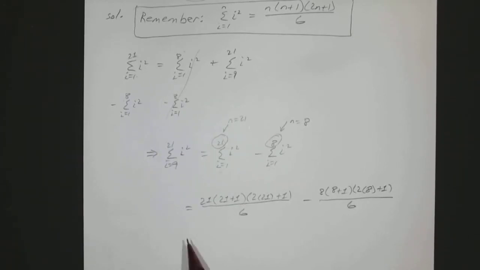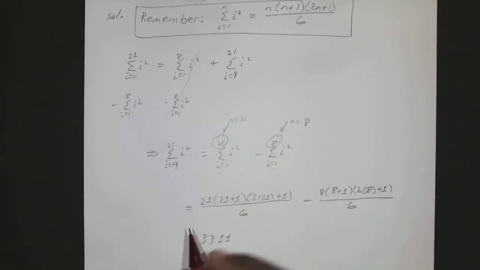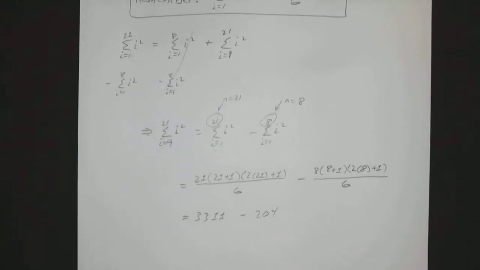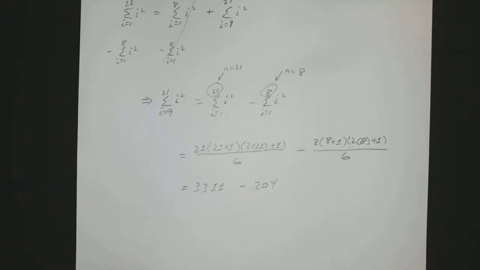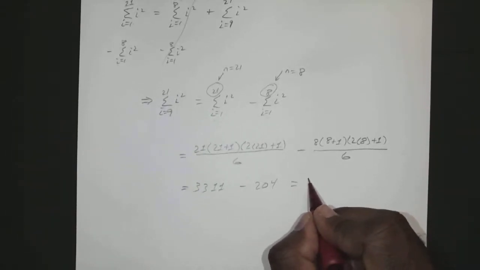So this one ends up giving you 3,311 minus 204, which would give you 3,107.